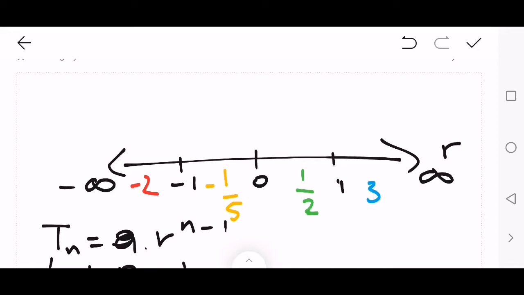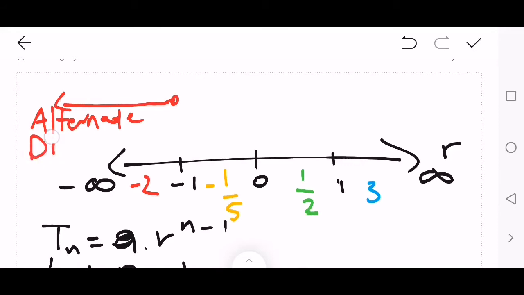So what can we say about the constant ratio between minus infinity and minus 1? We've already seen that the sequence in this region will alternate and diverge.